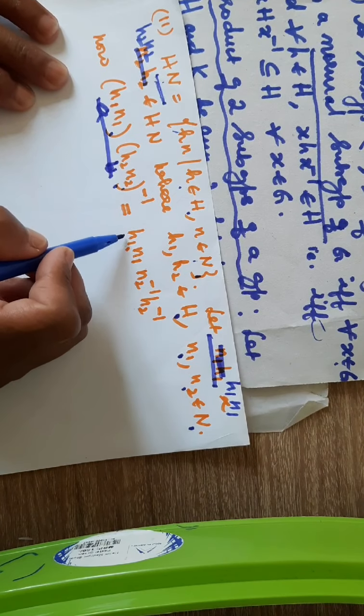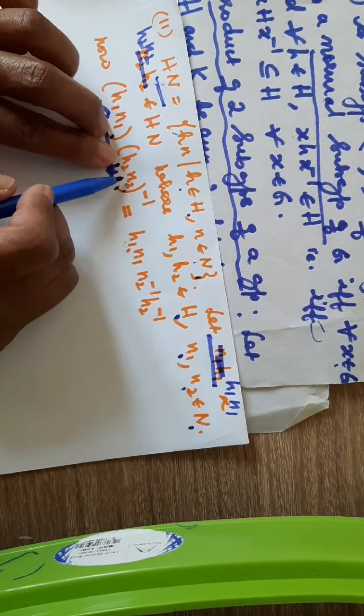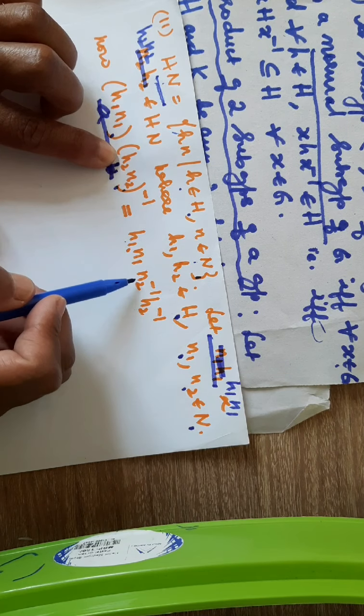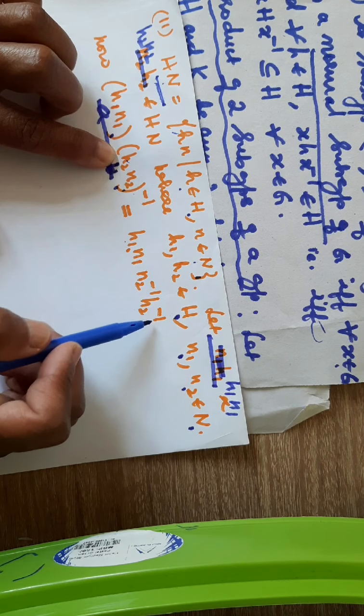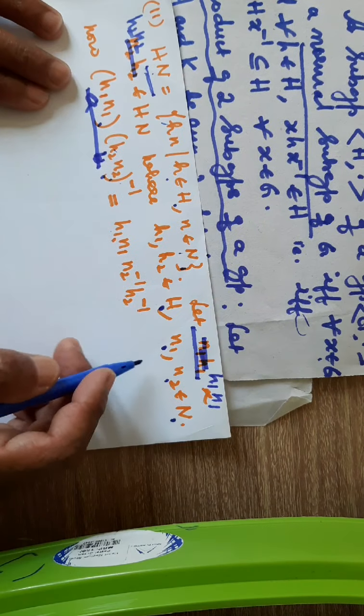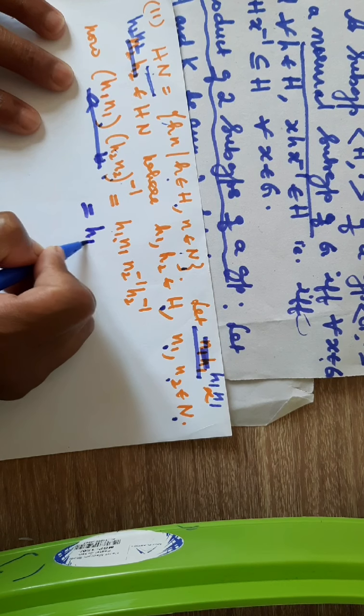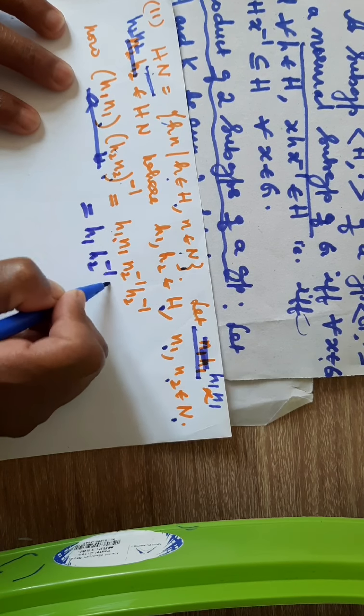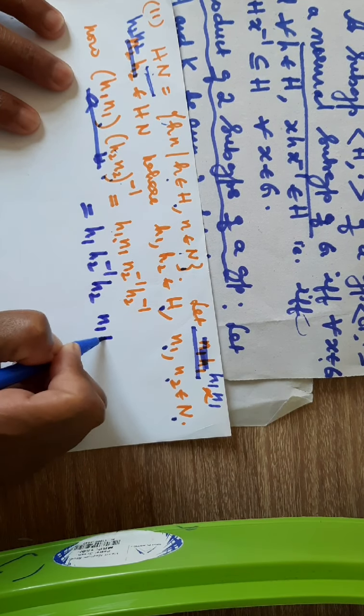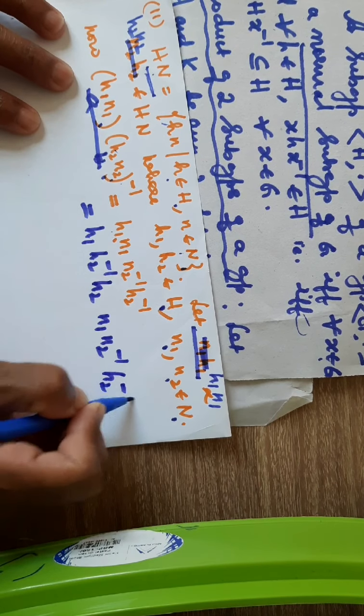So now this is equal to h1n1. Now h2n2 the whole inverse is equal to n2 inverse h2 inverse. This is by property of a group. Now you introduce h1, h2 inverse h2, n1, n2 inverse h2 inverse.